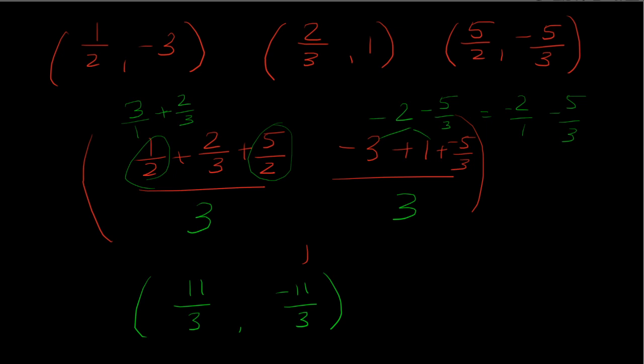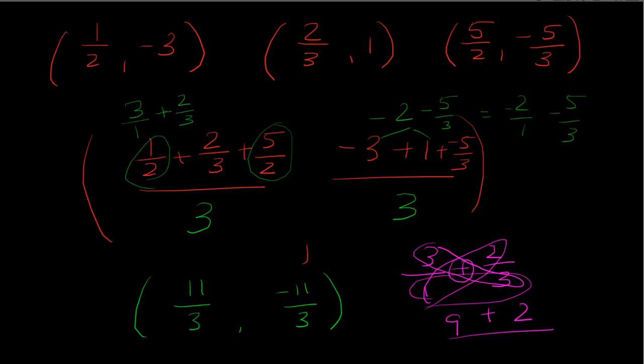And the reason I'm rewriting the fractions as over 1 is because I'm simplifying this calculation by multiplying the diagonal. 3 times 3 is 9, plus 1 times 2 is 2, over 1 times 3 is 3. So that's 11/3.